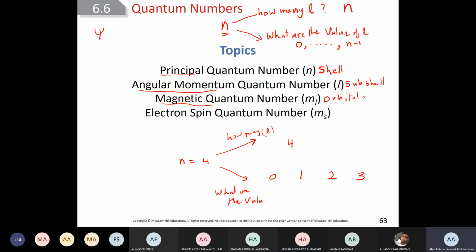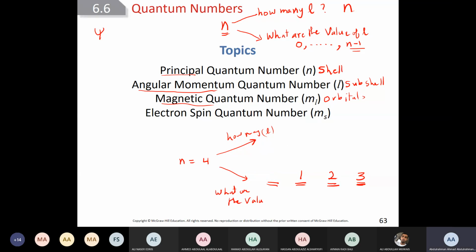And see, we stop at n minus 1, which is 4 minus 1. But count them. How many solutions? 4 solutions. Good.